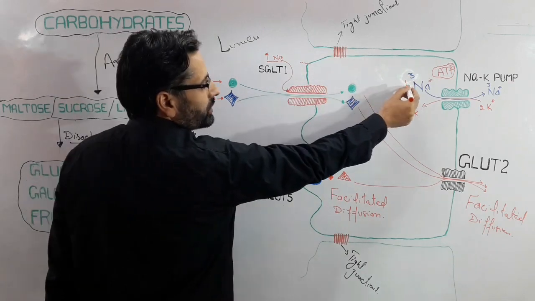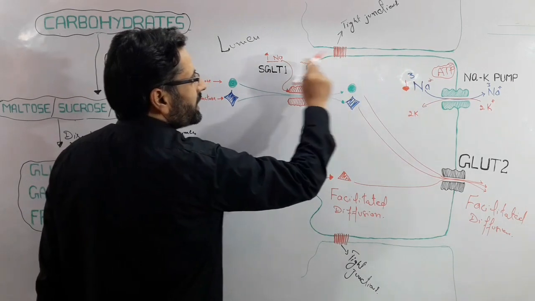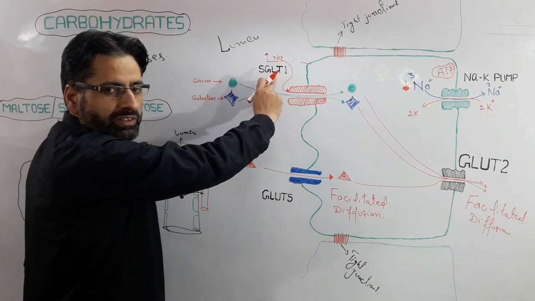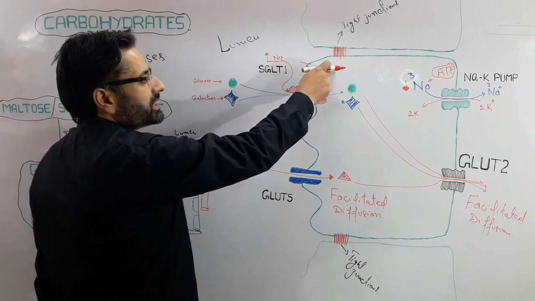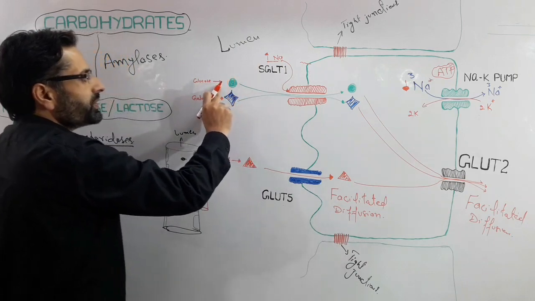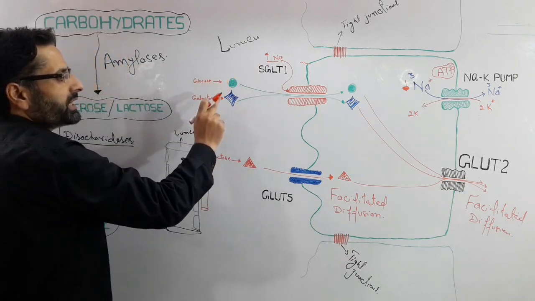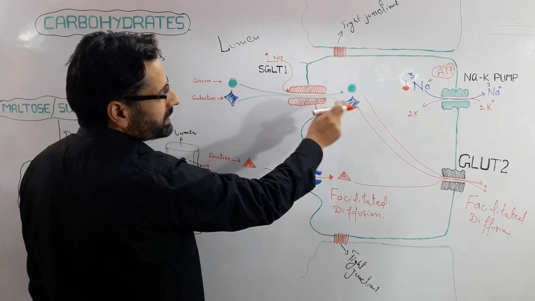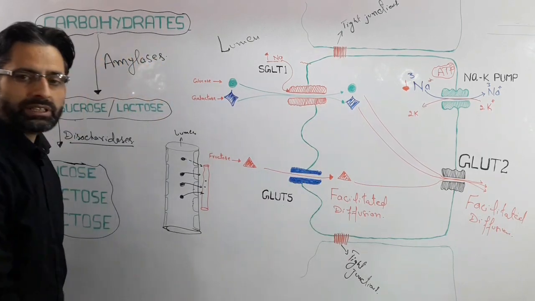Here we have less ionic concentration and here we have more ionic concentration. This ionic concentration gradient of the sodium ion is used to transfer this glucose molecule and galactose molecule from the luminal side towards inside of the cell.